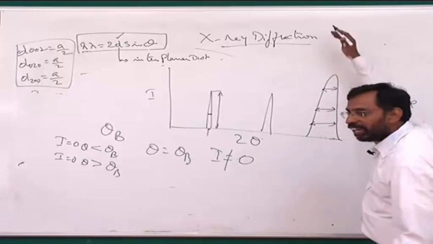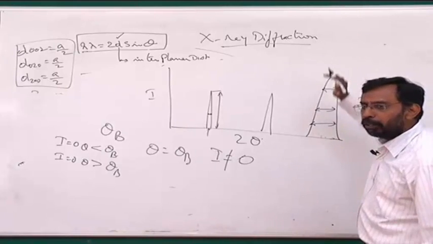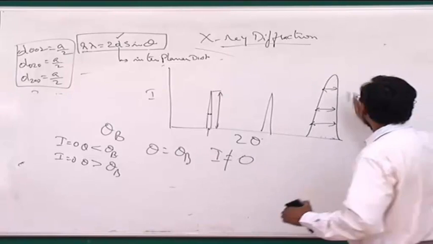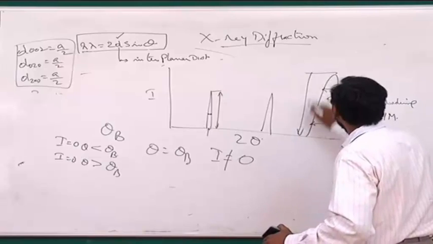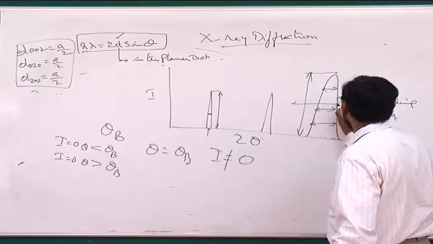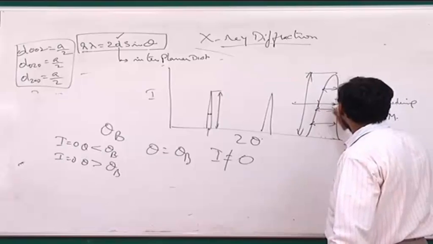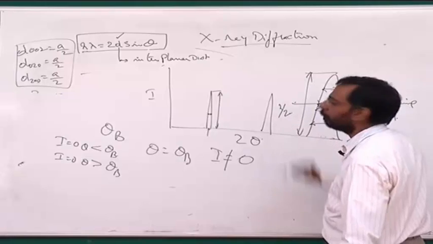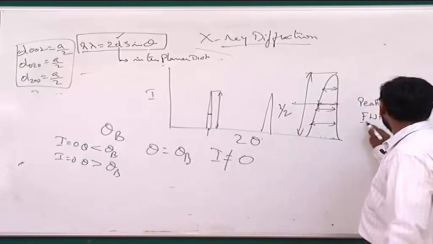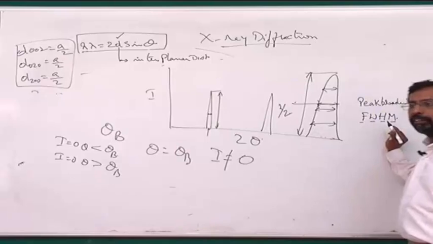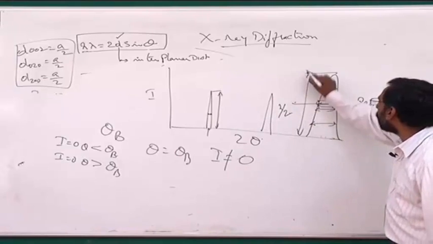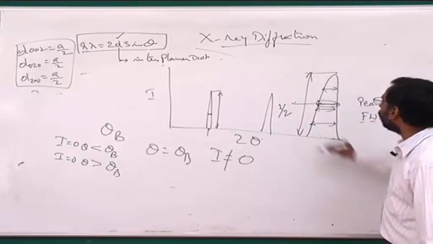Because the broadening is varying from bottom to top, in order to give a particular characteristic broadening, we take the full height and take half of it and find out what is the width at half the intensity, h by 2. Full width at half maximum. That is the acronym for this. Measure the full width at half the maximum height is what is a representative of this.